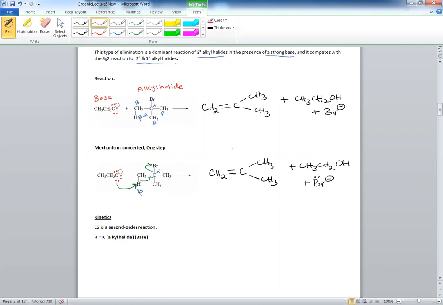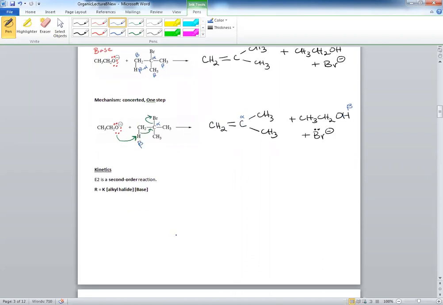Now, I will mark the beta hydrogen for you. Here it is. Here's your original alpha carbon, although it is unorthodox that we put it here, but still, just to give you a frame of reference. So you're forming a double bond.